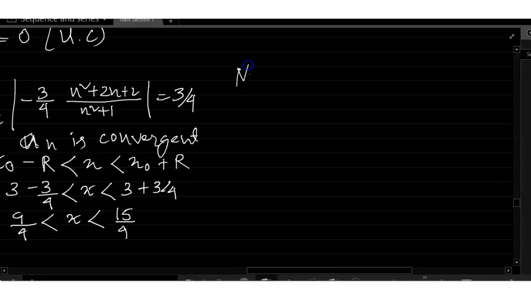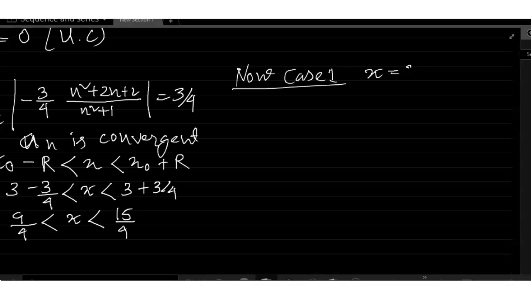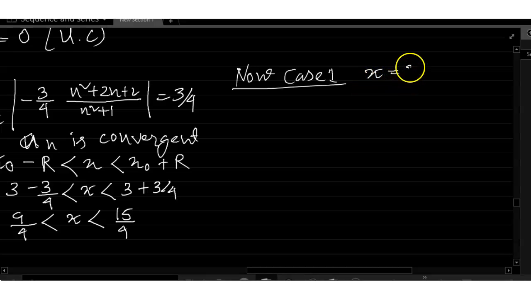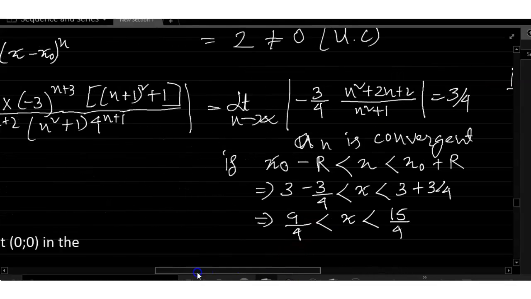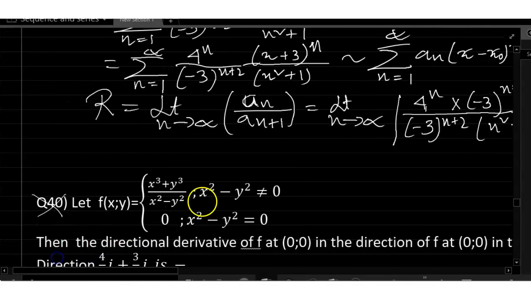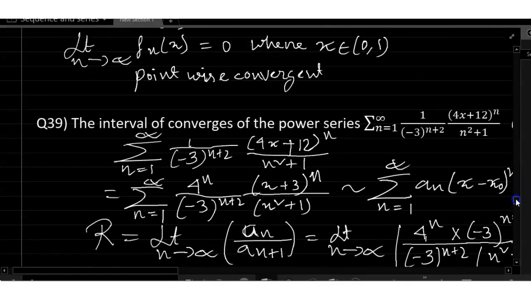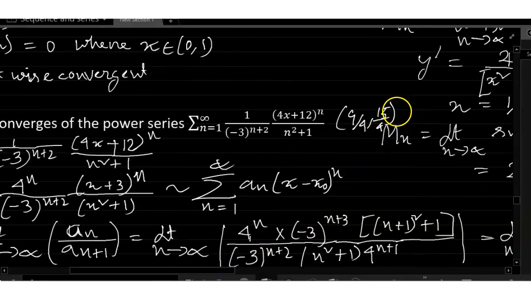Now we check the endpoints, when x equals 9 by 4. Friends, still it is not complete because our interval is open.